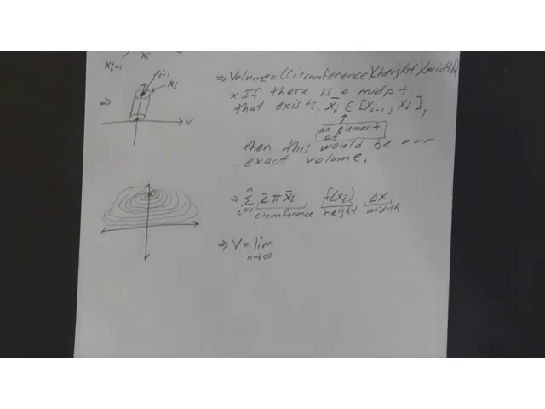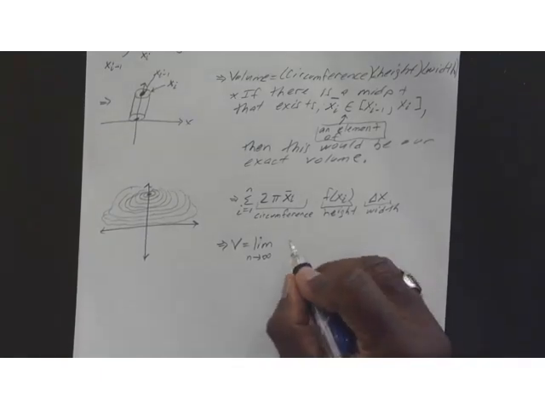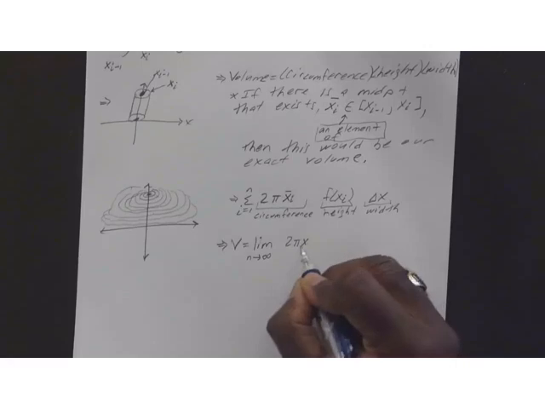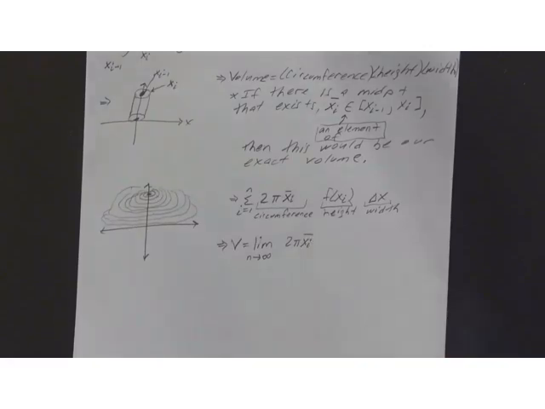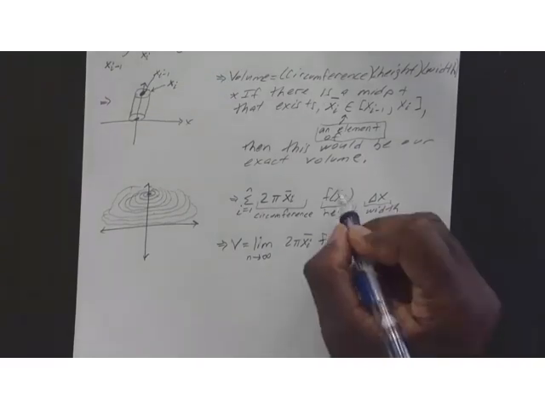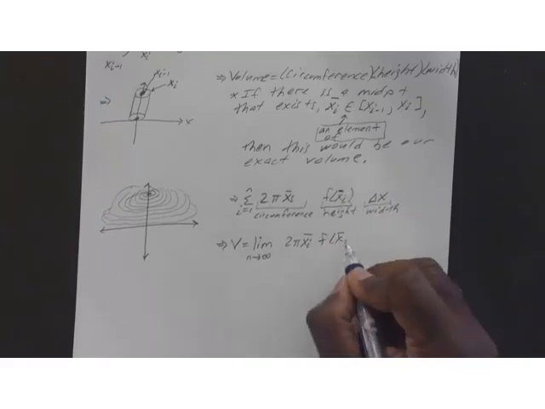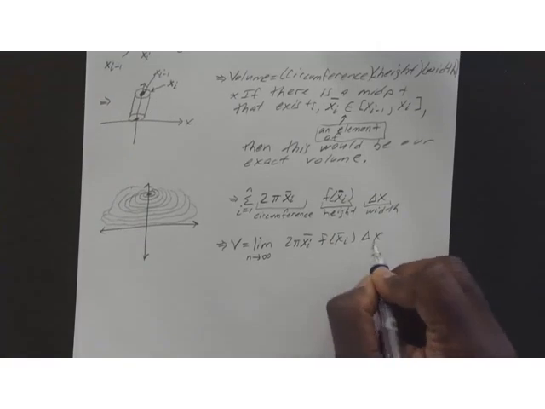So the more rectangles, the more accurate. Of 2 pi times x bar sub i. Oh, forgot to put my bar up here. Should be f of x bar sub i delta x.